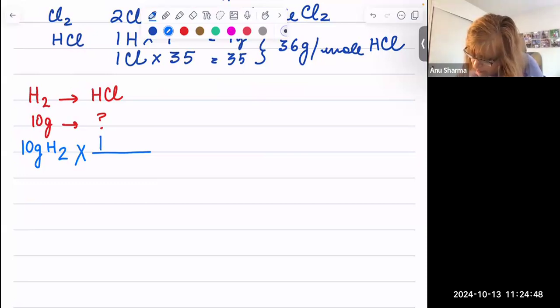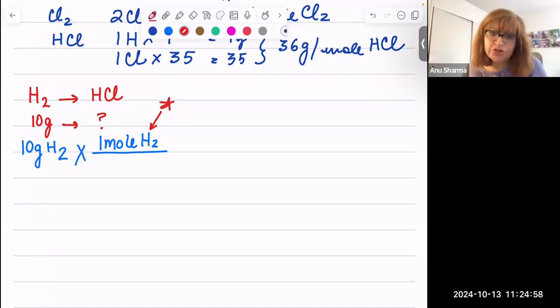So it's 1 mole of H2, not H. Pay attention to this. This is always going to be 1 mole and it is H2, so that should match. So 2 grams of H2. Pay attention to that also.